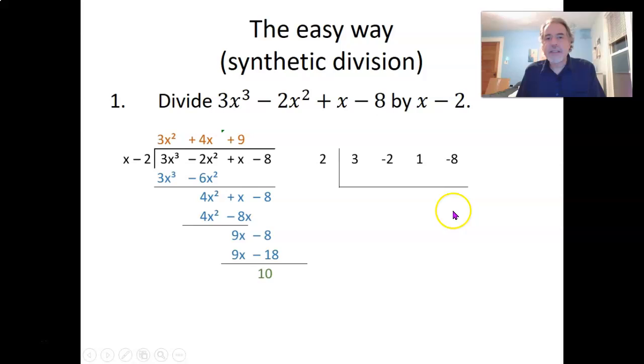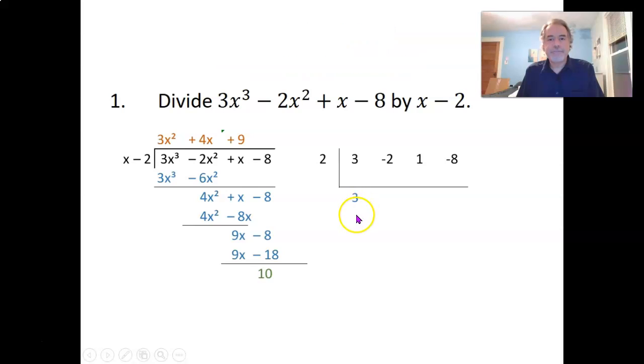So now that I have this set up, here's what I do. I start by just bringing down this first number, 3. Then I multiply the number out in front, 2, times the number down here, 3, and I write that here, 6. Now I add what's in this next column, negative 2 plus 6, and that adds up to 4.